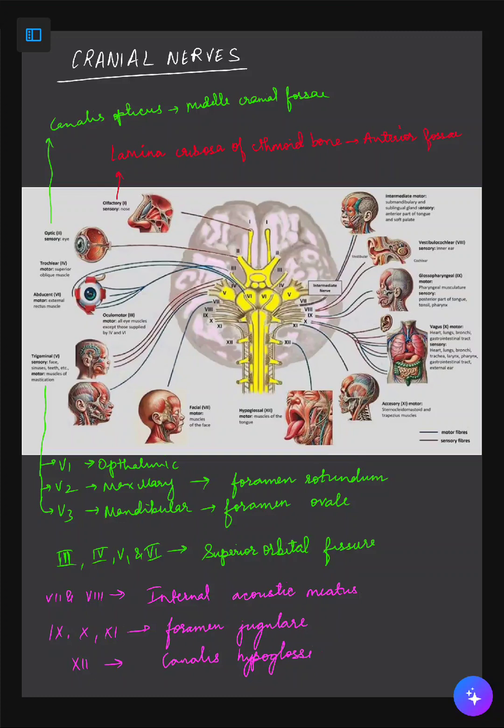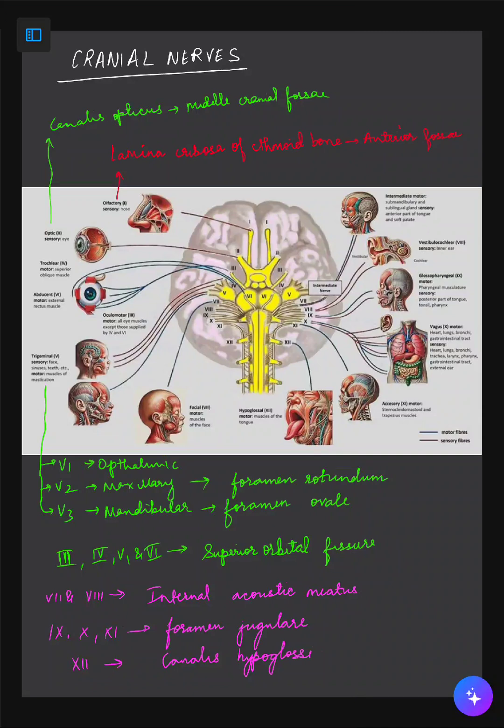Now, the cranial nerves. For these cranial nerves, we will see the first nerve, then the foramen where it is opening, and in which cranial fossa. The first nerve is the olfactory nerve.